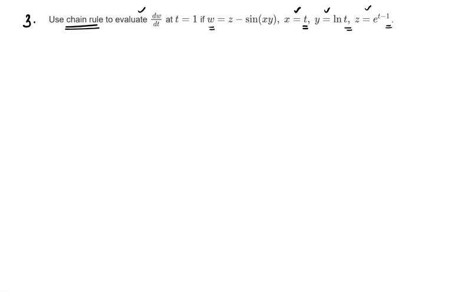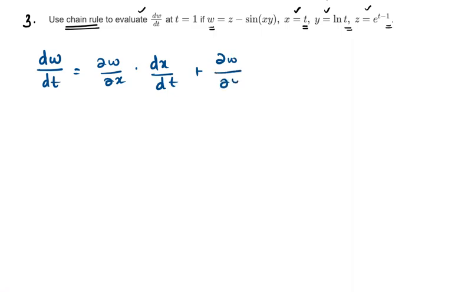First, let us know the formula for dw/dt for the function involving x, y, z. So dw/dt is equal to ∂w/∂x into dx/dt plus ∂w/∂y into dy/dt plus ∂w/∂z into dz/dt.